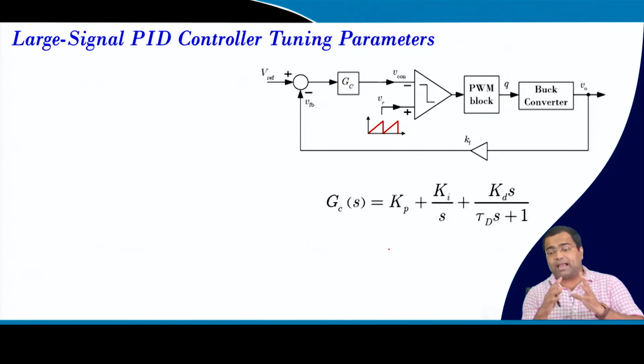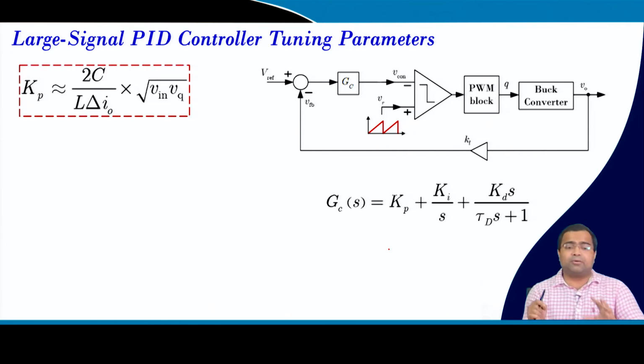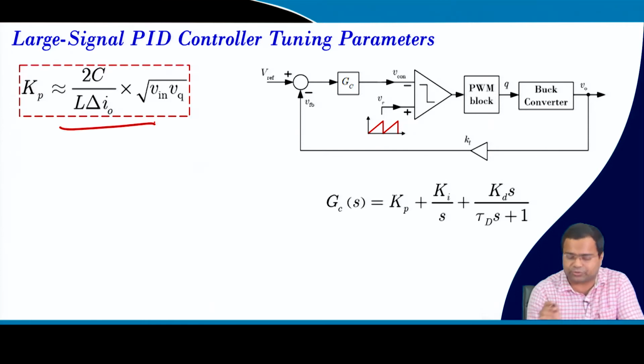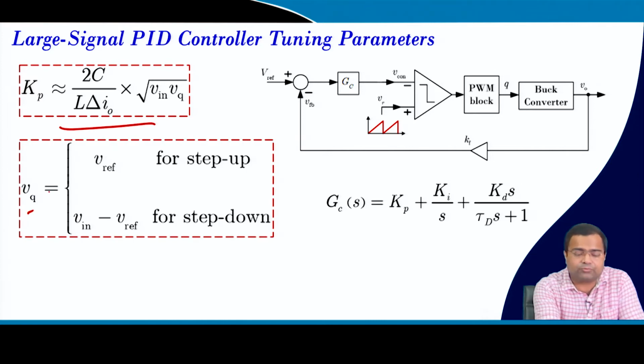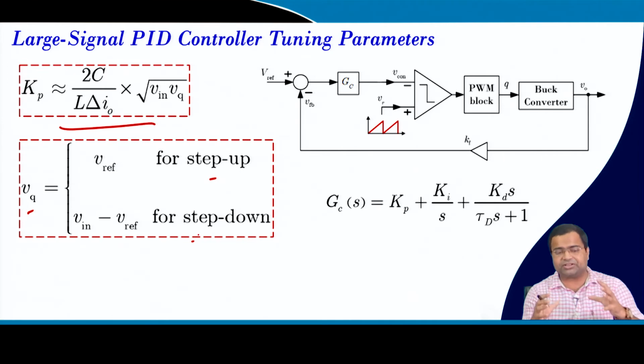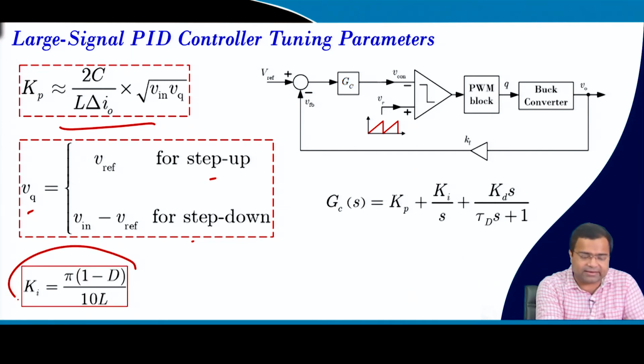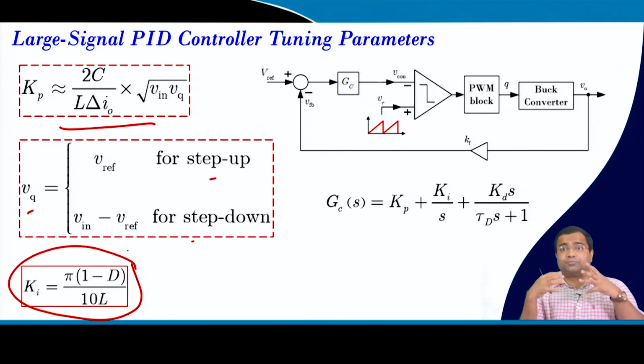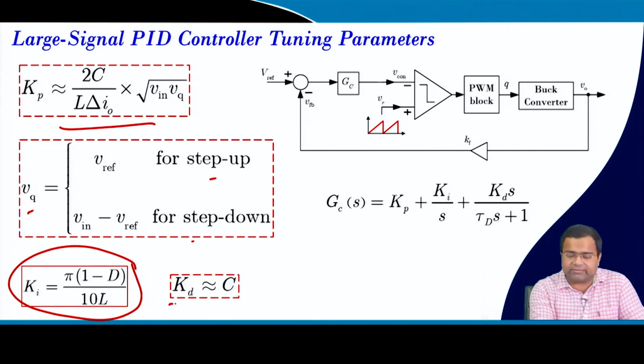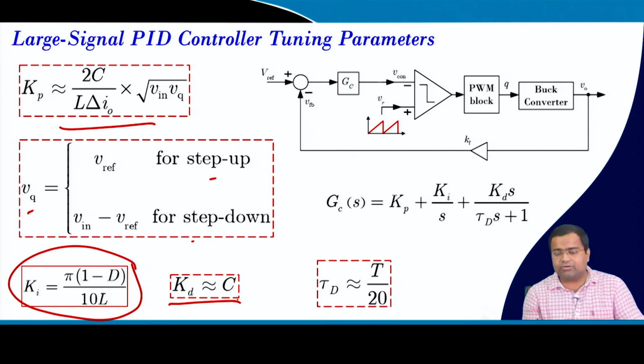And if you take the PID controller for our large signal tuning, then we also have to discuss what should be my proportional gain and what should be my VQ for step up and step down. We have discussed this in sufficient detail in lecture number 50, and then how to set the integral gain from the small signal model. Then the derivative gain is simply the capacitor value, and then we need to put a band limited derivative.